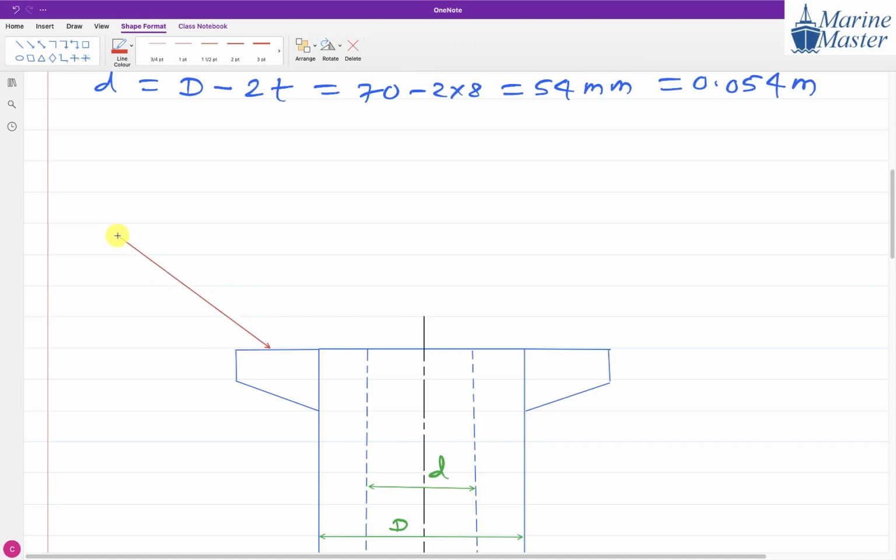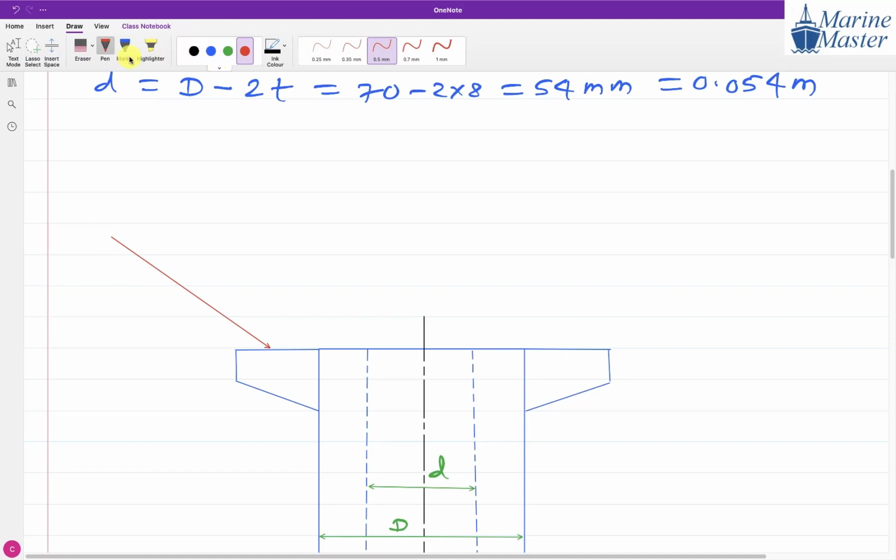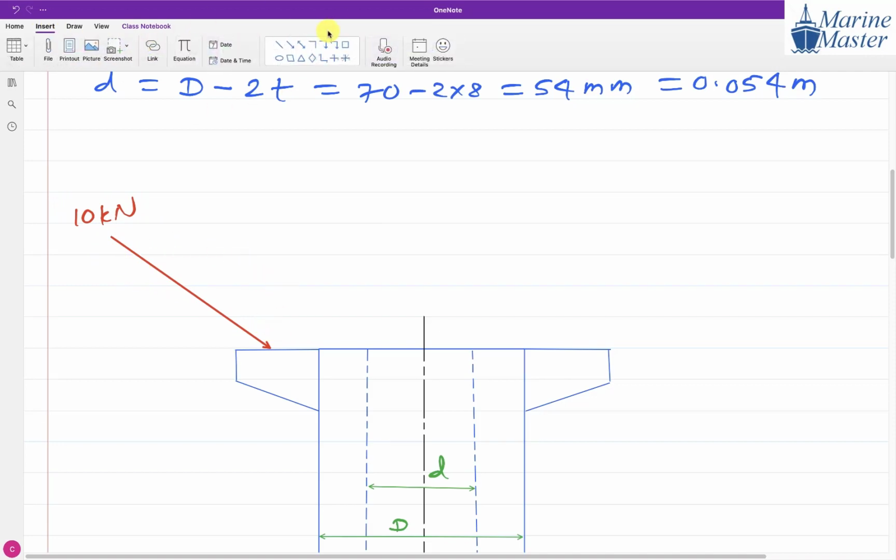Always try to show the force bigger, and the components a little darker. This is our 10 kilonewton. Now how to show the components? To show the components, we are going to form this rectangle.